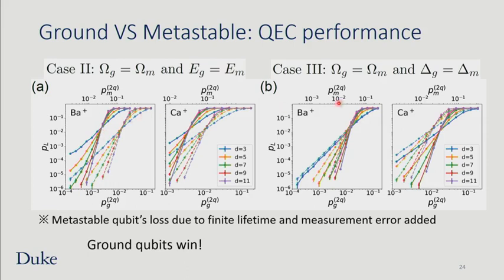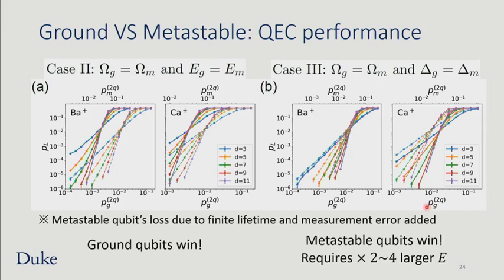However, if you look at case 3, larger power for metastable qubits, well, for barium, the threshold improvement shrinks quite a lot, but actually the slope advantage still holds. So if you go to lower error rates, we still have quite an advantage. And for calcium, because it had a larger erasure conversion rate, the advantage remains by quite a lot.